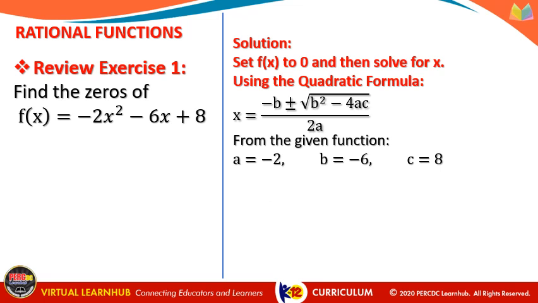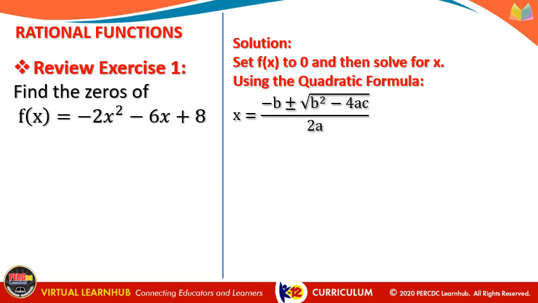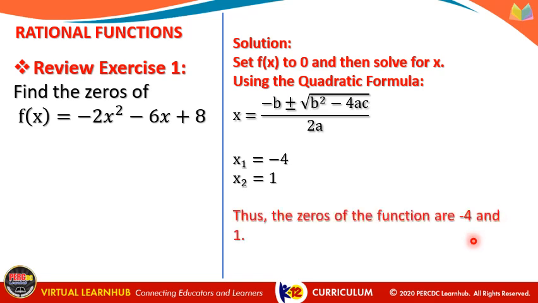Tapos, para naman makuha yung isang root, instead na plus, ang gamitin naman natin ay minus. In doing so, we will get positive 1. From our previous solutions, we found out that one of the roots is negative 4 and the other one is 1. Thus, the zeros of our function are negative 4 and 1.